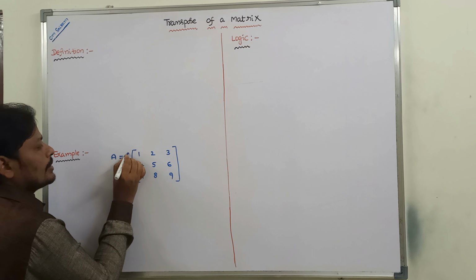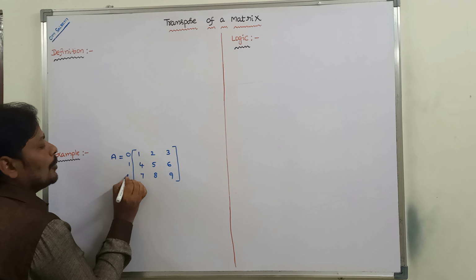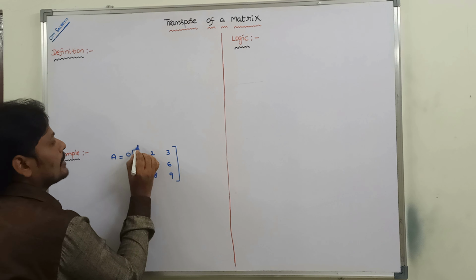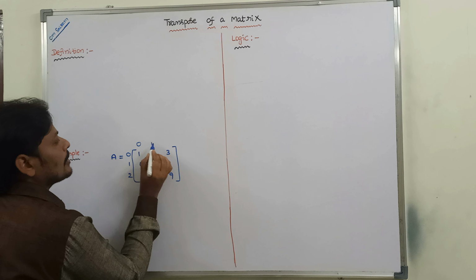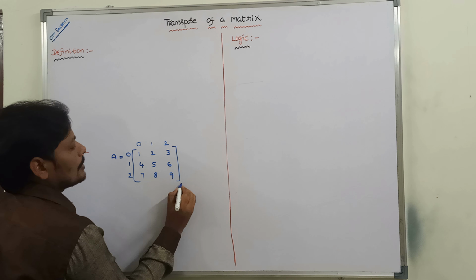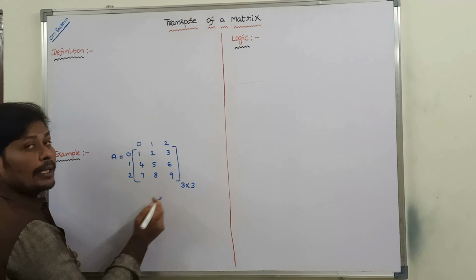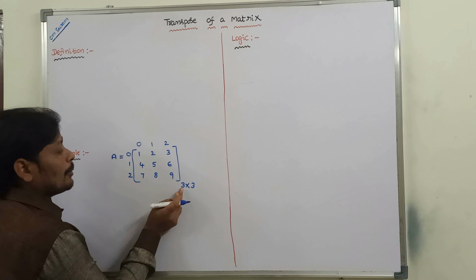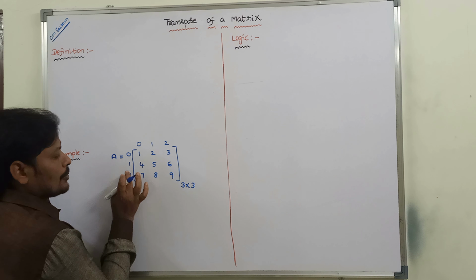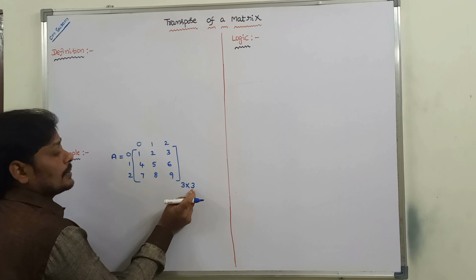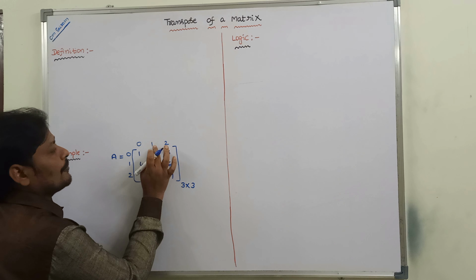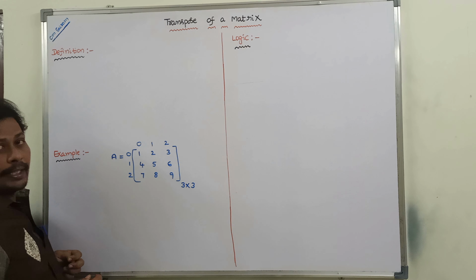So this is the 0th row, first row and second row. This is the 0th column, first column, second column. So 3 by 3 matrix, 3 rows and 3 columns. What are the 3 rows? 0th row, first row, second row. 3 columns, 0th column, first column and second column.